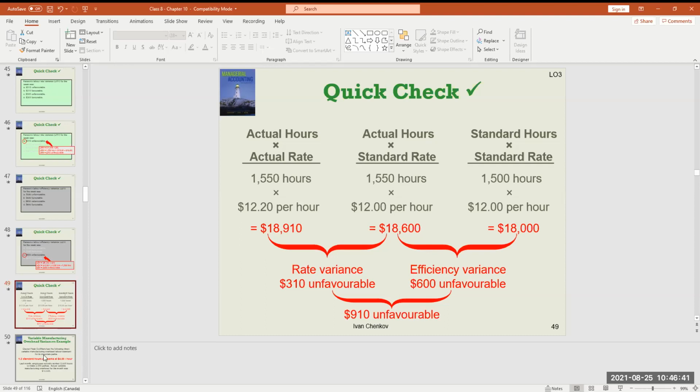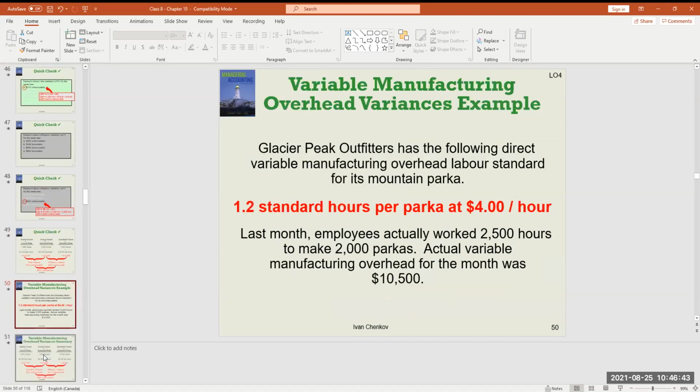Now, the last thing left is the variable overhead. For the variable overhead, we're going to use this information here. I'm going to copy it and we're going to go back to the Excel spreadsheet.